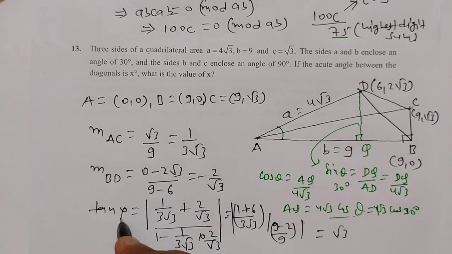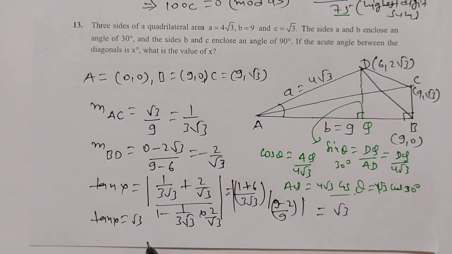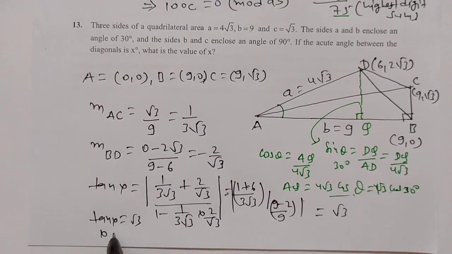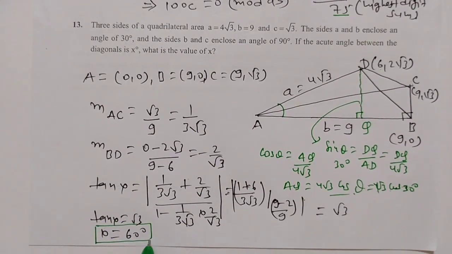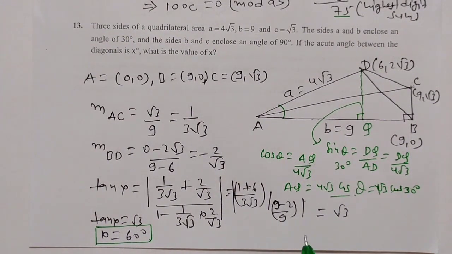So tan x is equal to square root of 3, and we can write the value of x is equal to 60 degrees. So we got x is equal to 60 degrees.